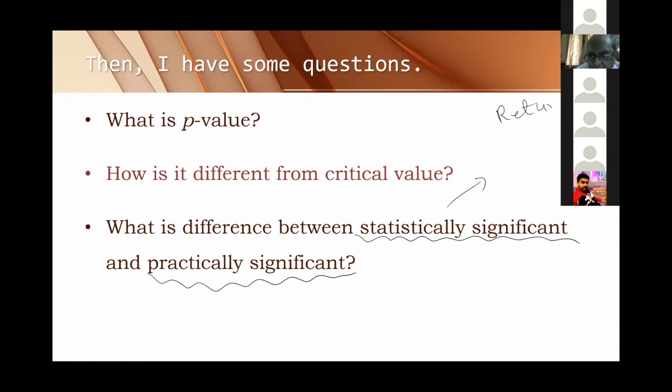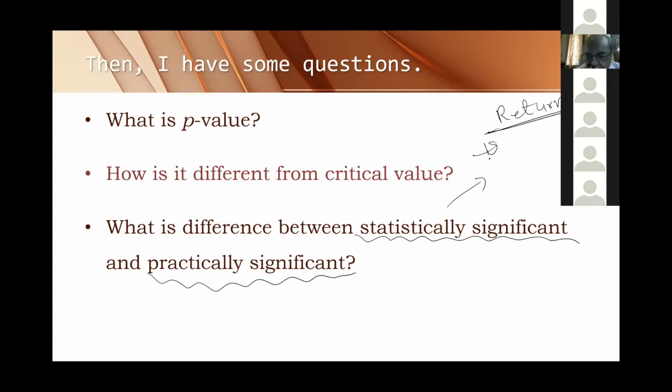Yes, sir. Monica Seni. Yes, Purushottam, please. Purushottam, trying to say something? Sir, I was saying, practically significant means there's a theory which supports the significance.